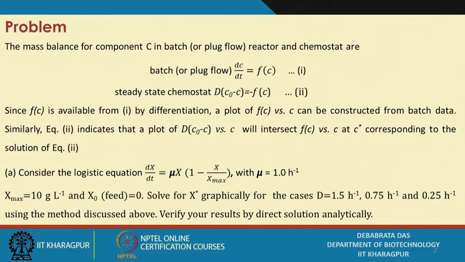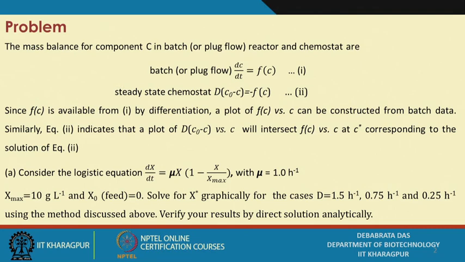And from the Dmax value, we know Dmax equals mu max into 1 minus root over Ks by S0, how you can find the maximum dilution rate at which we will get the maximum rate of cell mass production. So let us start with the first problem.